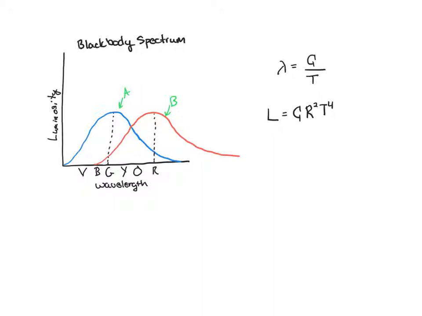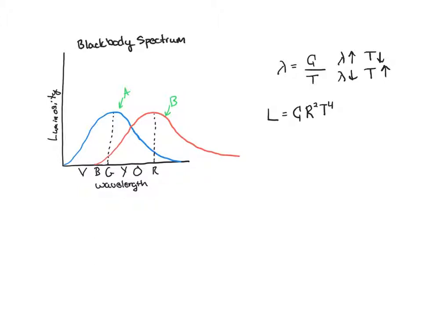So what we have over here is called Wien's law. And it tells us that this peak wavelength, so I've established this peak wavelength is in the green, and this one is in the red, is inversely proportional to the temperature. So if wavelength goes up, temperature goes down. If wavelength goes down, temperature goes up.